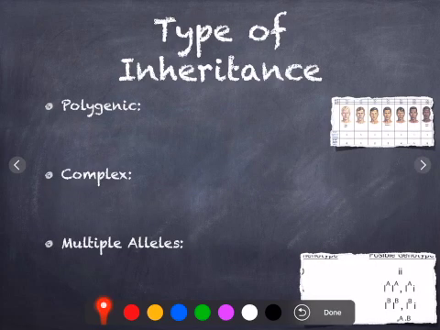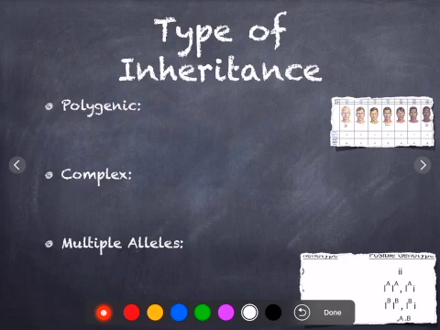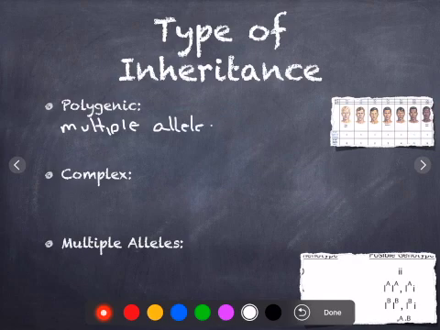So let's look at a couple different patterns of inheritance that humans do express. And there's a few of these, so I'm just going to kind of go over them very quickly. Now polygenic means that there's multiple alleles per gene.